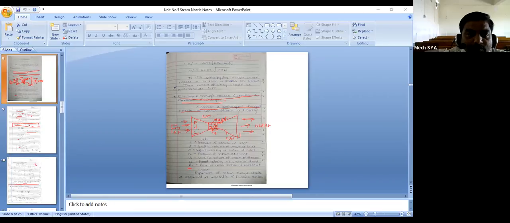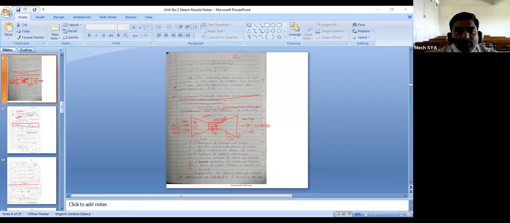And what happens in the convergent divergent nozzle? Anybody? It is a combination of both convergent and divergent nozzles. The inlet part consists of a convergent part, then the cross sectional area becomes very small, and afterwards it goes on increasing.